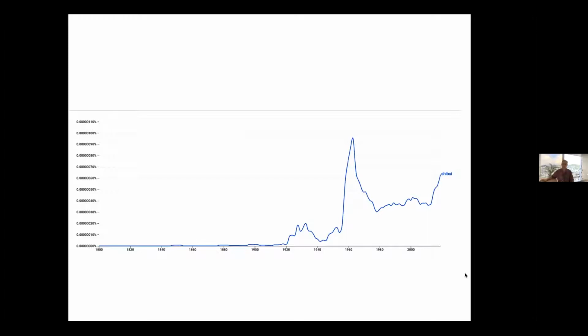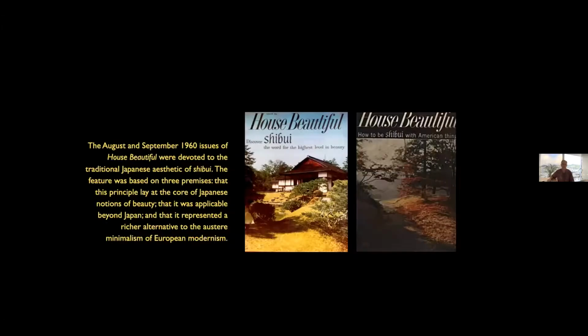The reason for the spike in 1960 was that two famous issues of House Beautiful magazine were published, entirely devoted to what at the time, and probably still is, an obscure Japanese aesthetic term, shibui. This was part of the rehabilitation of Japan after the war. The US State Department was afraid that Japan was going to turn communist. So Japan, which had been a deadly enemy until a decade or so before, now had to be rapidly brought back into the popular American fold.